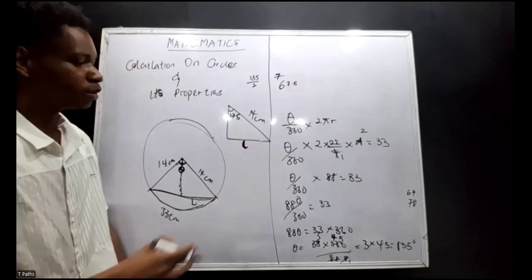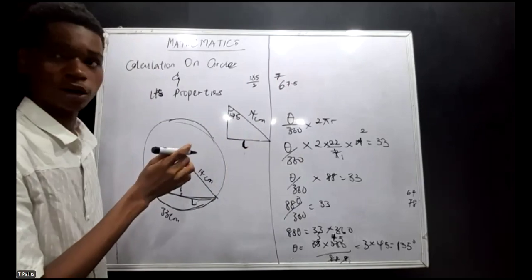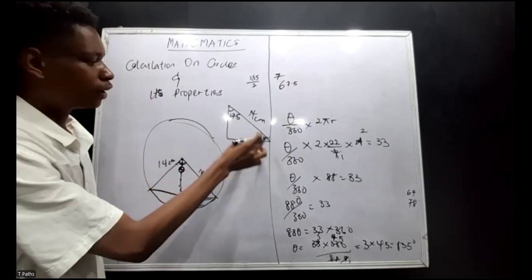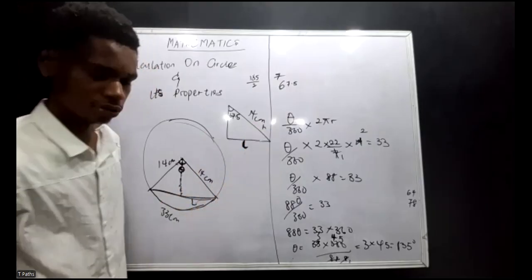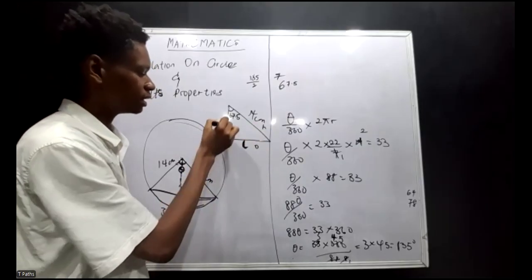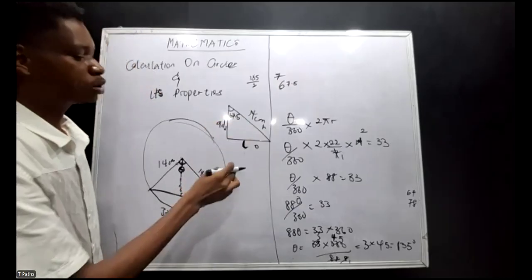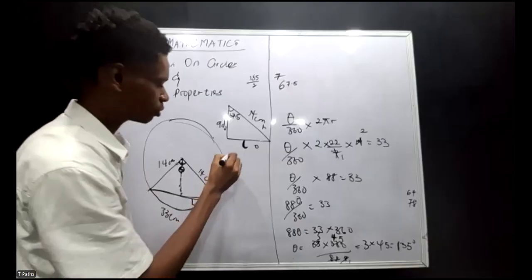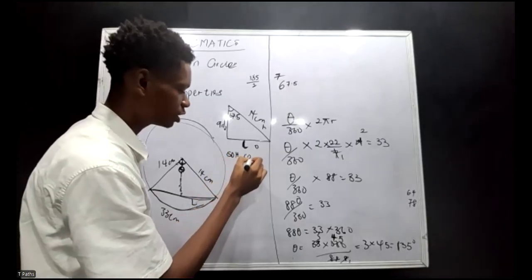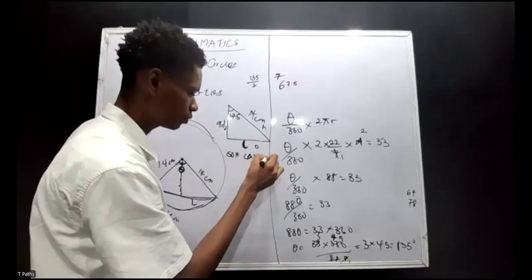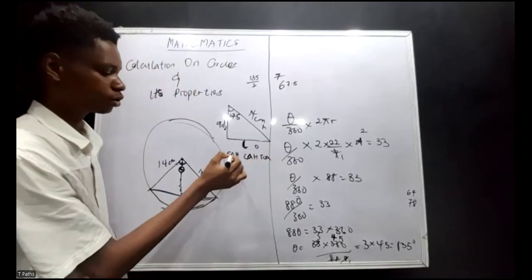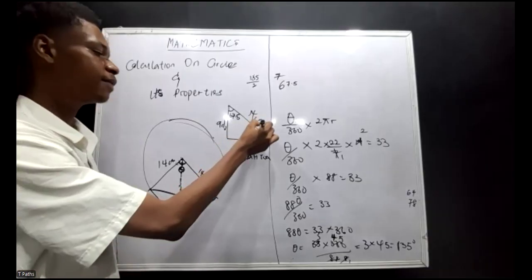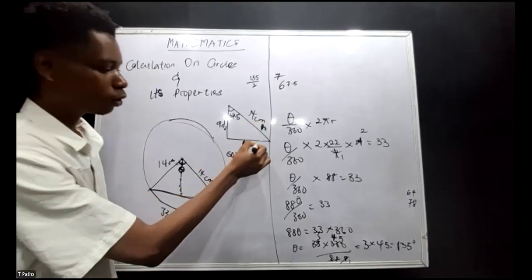Now, firstly, we have to label the sides of our triangle correctly. This is hypotenuse, this is opposite, while this is adjacent. Now I need to find the value of my opposite, and I know the hypotenuse. So I'm going to write out my 3 trigonometric functions, sine, cosine, and tangent. Here I have my hypotenuse, and I'm looking for the opposite.